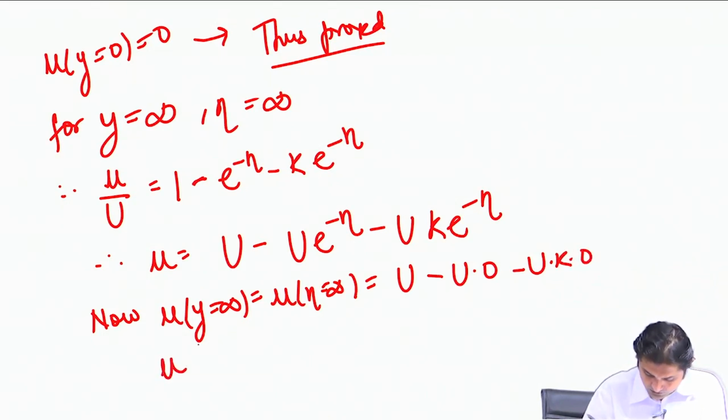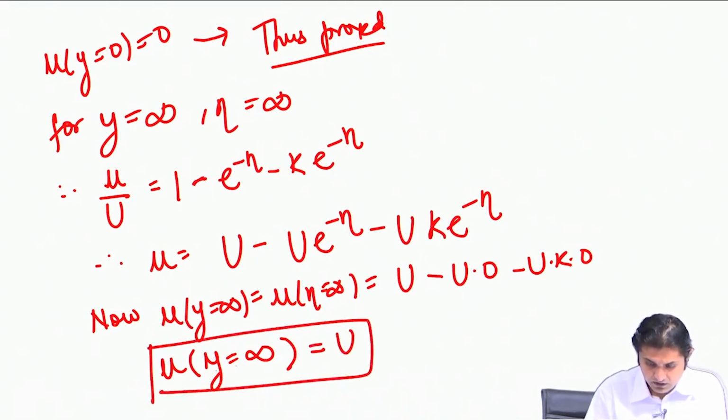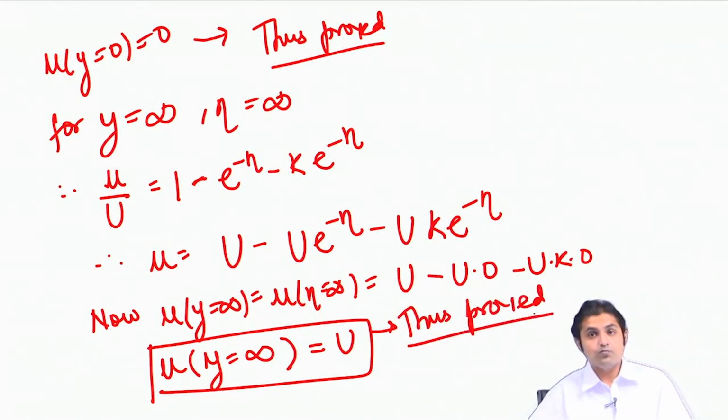So, u at y equal to infinity is equal to U, and thus the second part is also proved.